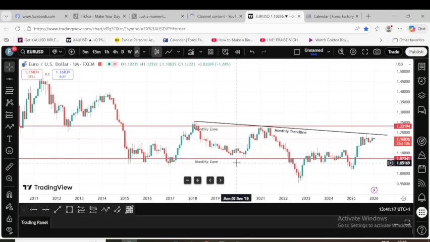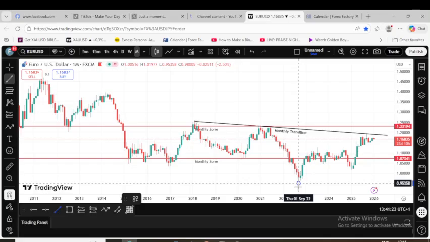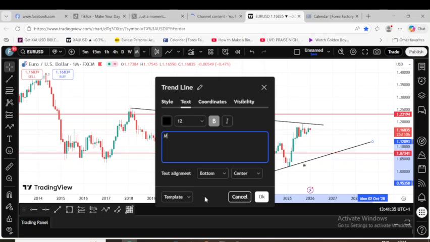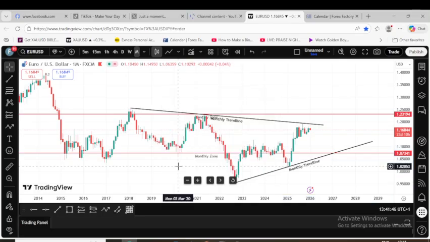And then we can also draw another trend line here. This will be our second monthly trend line.